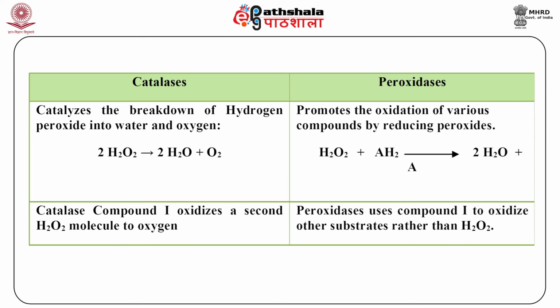The second difference is that while catalase compound 1 oxidizes a second hydrogen peroxide molecule to oxygen, peroxidases use compound 1 to oxidize other substrates rather than hydrogen peroxide. Besides this, there are also the structural differences between catalases and peroxidases, which we have described earlier.